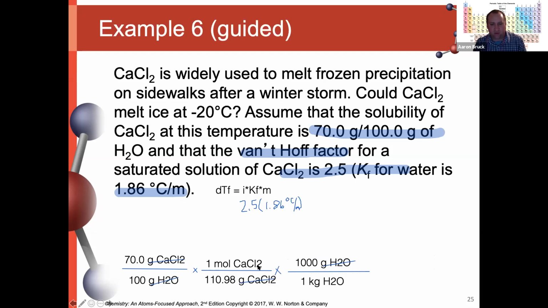I end up with moles of calcium chloride per kilogram of water, which is molality. 70.0 times 1,000 divided by 100 divided by 110.98 to three significant figures. 6.31 molal calcium chloride is my result. So at the solubility limit, we get a pretty concentrated solution of calcium chloride.